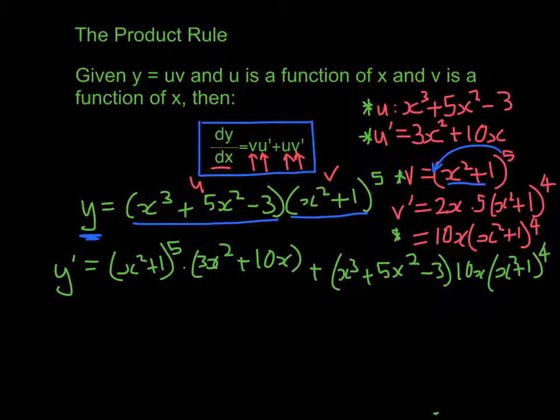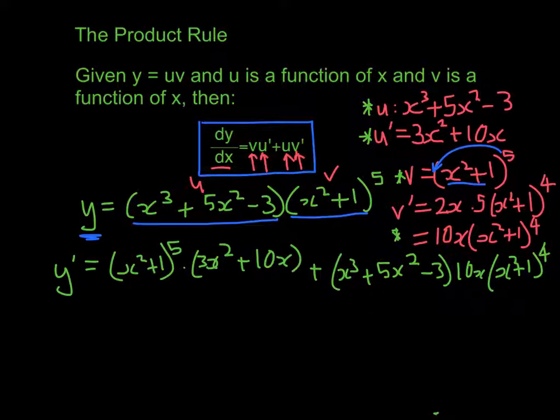That is actually the derivative. Now, what we would probably typically do is try and tidy that up a bit, but it's not really necessary. The truth is that would be the derivative of the function, and we would leave it like that.